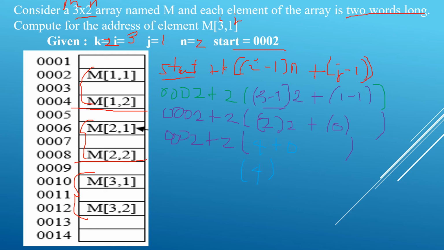Bago natin siya i-multiply with 2 plus 0002. So, we have 0002 plus 2 times 4 is 8. And then we have 0002 plus 8 is 0010. Okay? So, check natin, no? Tama ba nakastore yung element at row 3, column 1 sa address 0010? Okay. Tama. Okay?